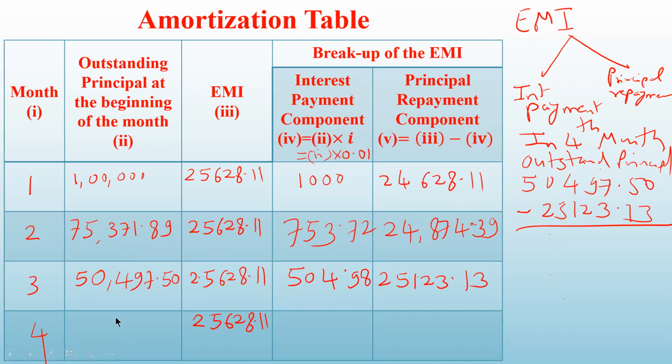Okay, see, this much was the outstanding principal in the third month. After you paid the installment, you have paid this much principal. So how much you are getting? You are getting 25,374.37. So this is the outstanding principal in the fourth month.